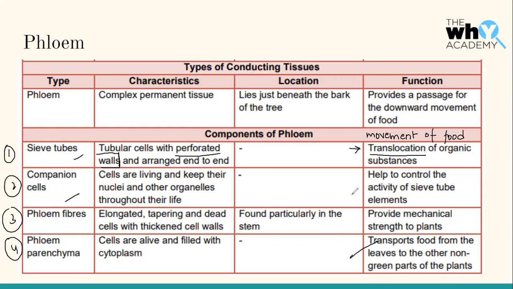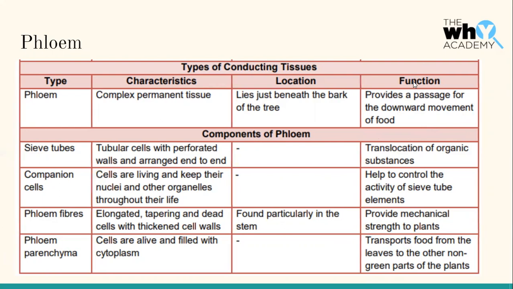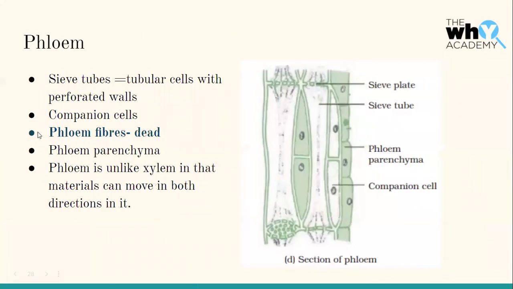Transports food, helps the sieve tubes. Transports food, provides strength. Here you need to know that, like in xylem most of them were dead, in phloem most of them are living, except for phloem fibers, which I have highlighted here.